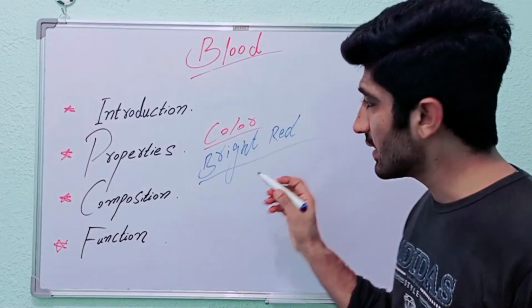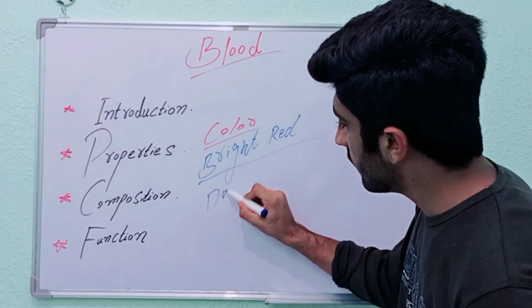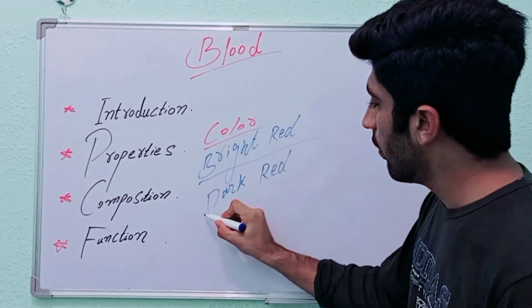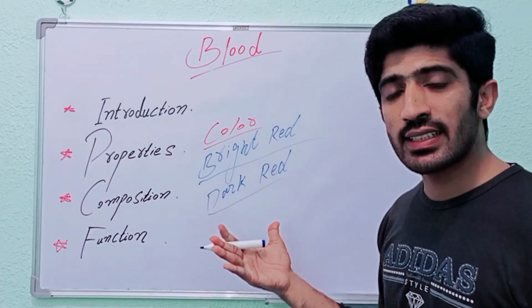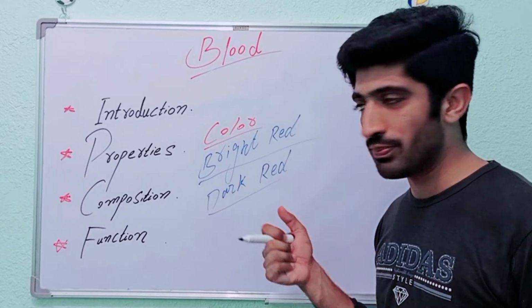In the venous system, the color of blood is dark red because a lot of carbon dioxide is present in venous blood. So that's why the color of venous blood is dark.